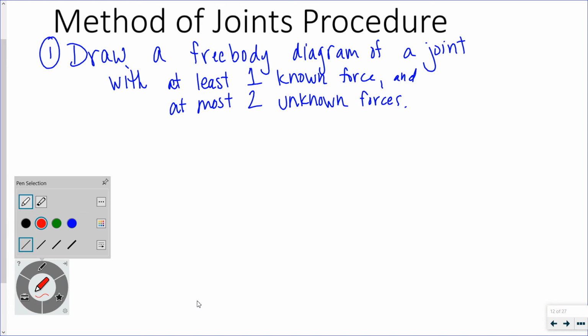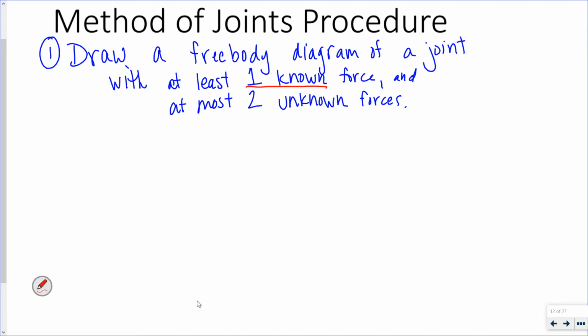So I'm going to select a joint that has at least one known force and at most 2 unknowns. Why at most 2? Because I only have 2 equations of equilibrium.